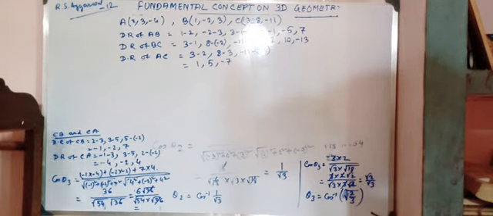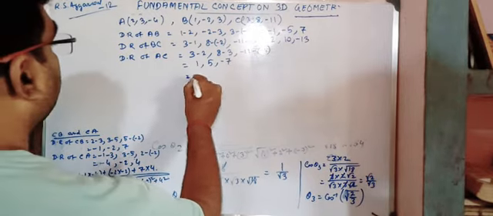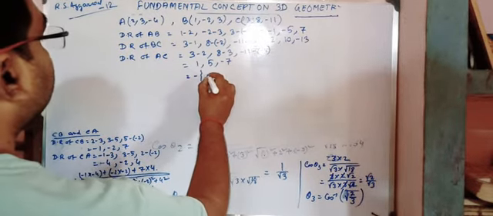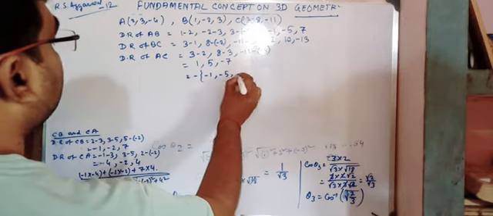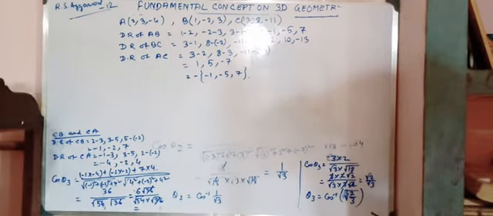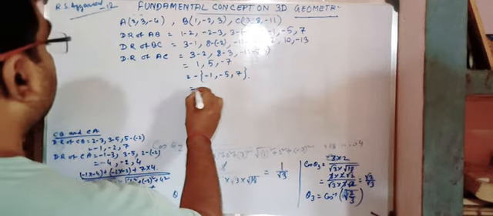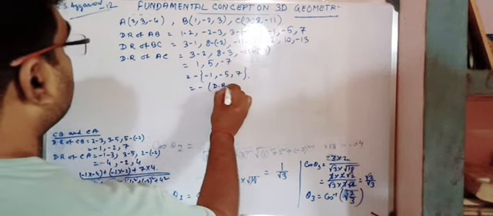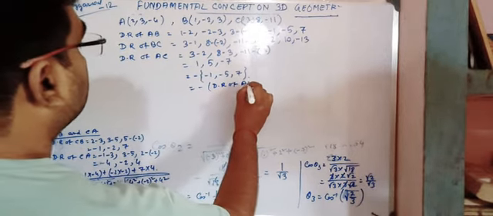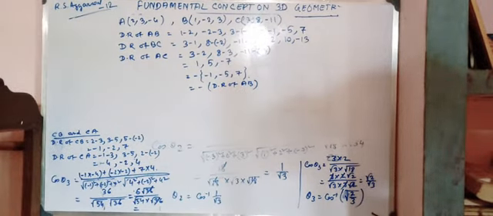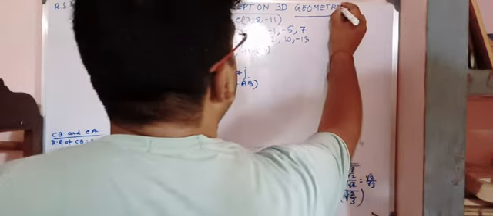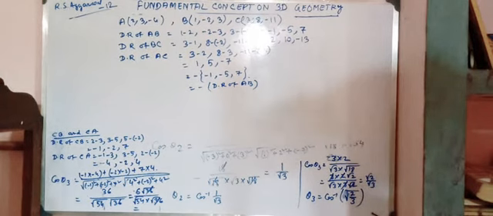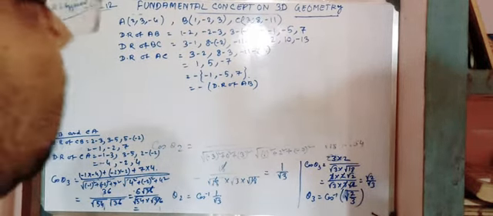Why? Because if we take minus common from here, the direction ratio becomes -1, -5 and 7. Understood that? So that is equal to the direction ratio of AB. So the direction ratios are in proportion, and we can easily tell from here that AB and AC are parallel.